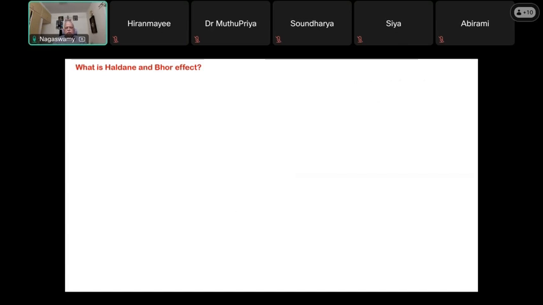So this is the travel of your gases in the body. So in this process, where do these effects come and play a role? Haldane effect and Bohr effect.